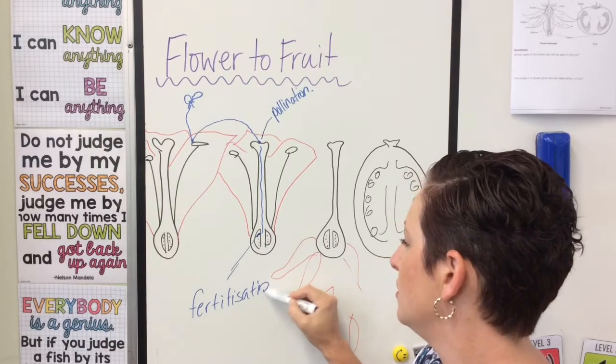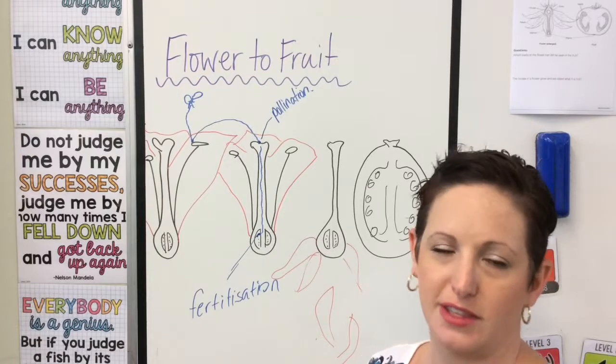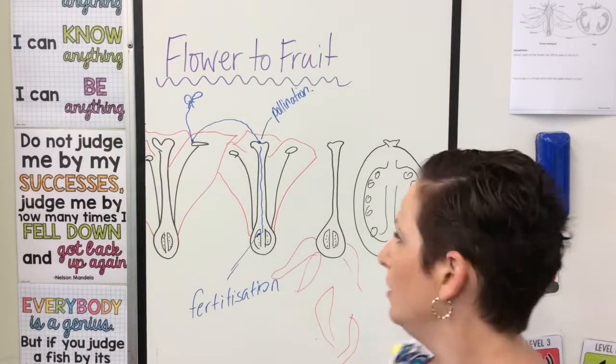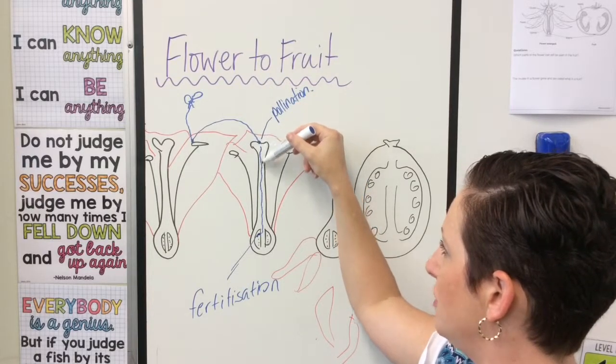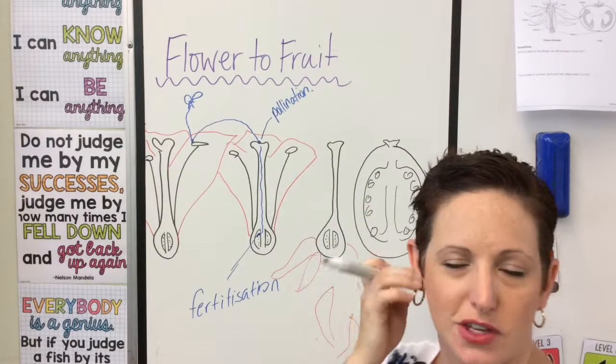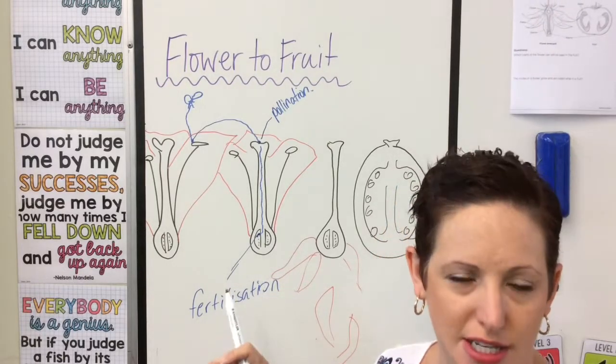Once that occurs, that's when the ovules will start to develop. So pollen, here is pollination, travels down the style, connects with one of those little tiny ovules in the ovary, and then that is the moment of fertilization.